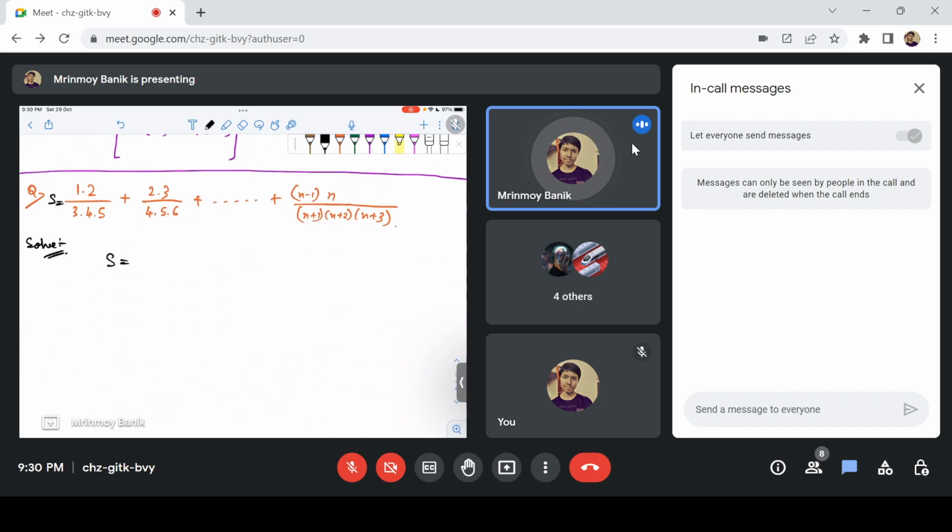So S can be written as the sum over I runs from 2 through n of I minus 1, I, by I plus 1, I plus 2, I plus 3.